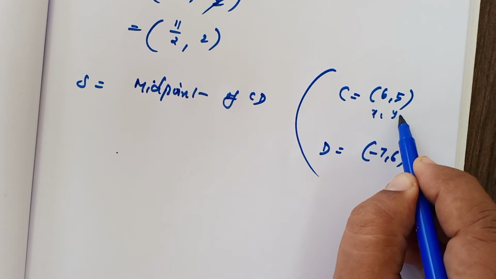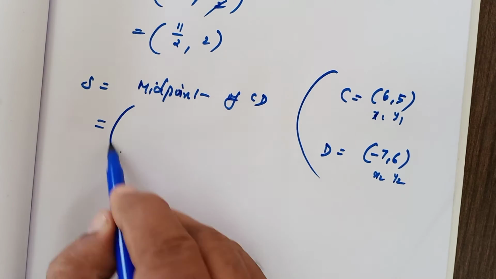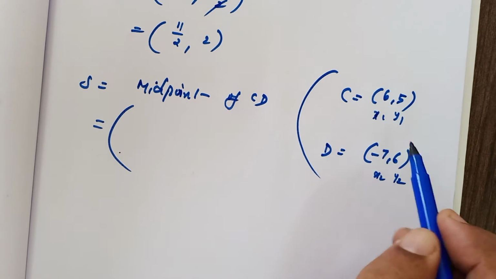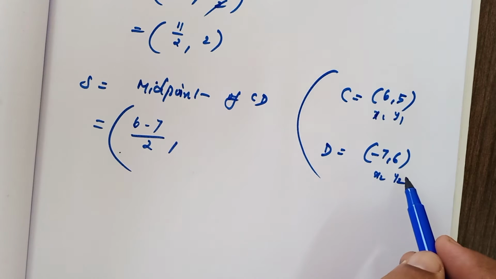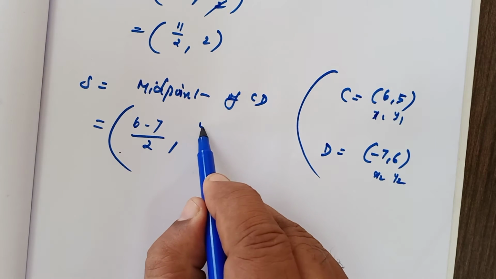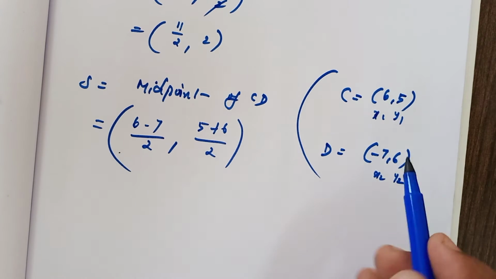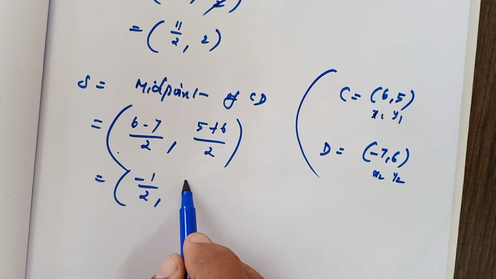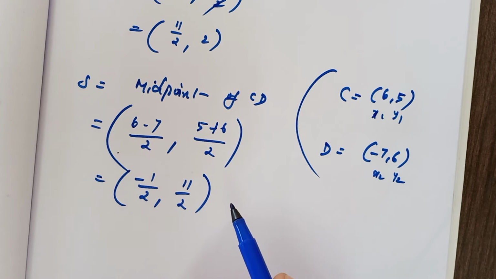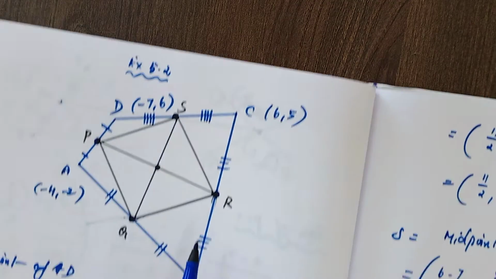Consider as x1 y1 and x2 y2. Formula: x1 plus x2 by 2, 6 minus 7 by 2, y1 plus y2 by 2, that is 5 plus 6 by 2. 6 minus 7, that is -1 by 2, 5 plus 6, that is 11 by 2. Now I got the points P, Q, R and S, all the 4 points.